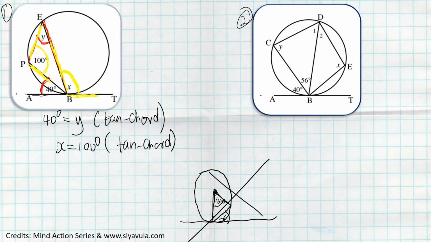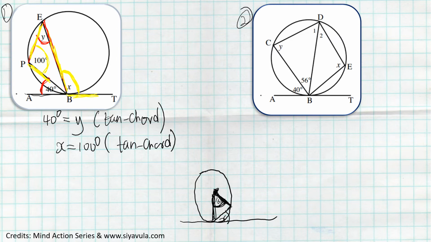This is wrong. It's not correct. Why? Because the theorem states that the angle between a tangent and a chord is equal to the angle subtended by the two other chords on the circumference. This angle firstly is not on the circumference, right? Number 2, these are not chords, but they are what? They are radii. Can you see?